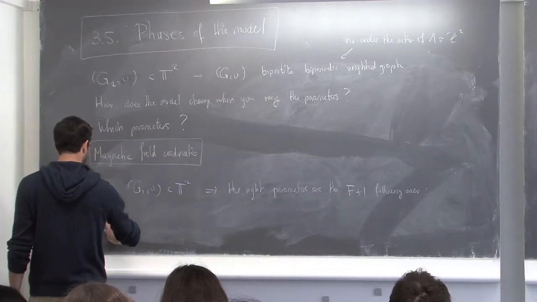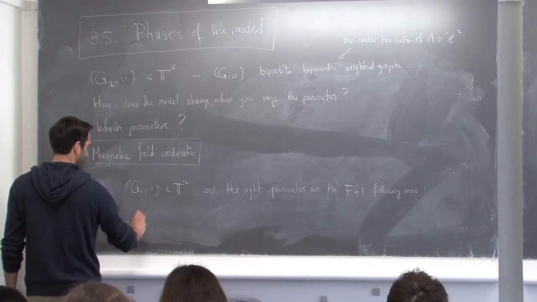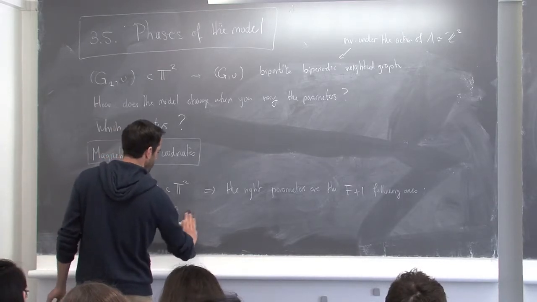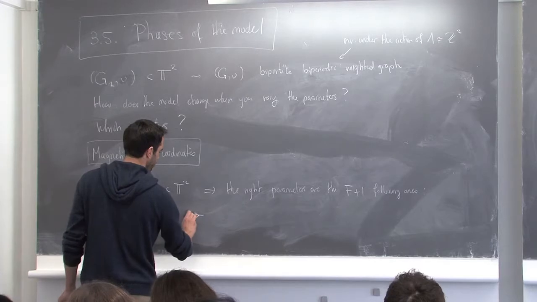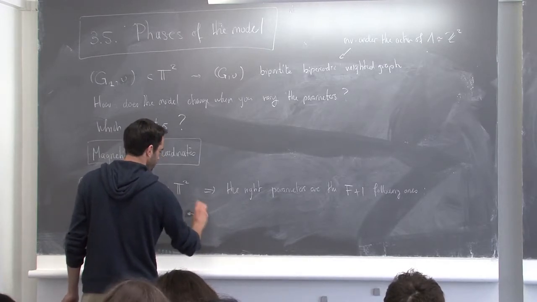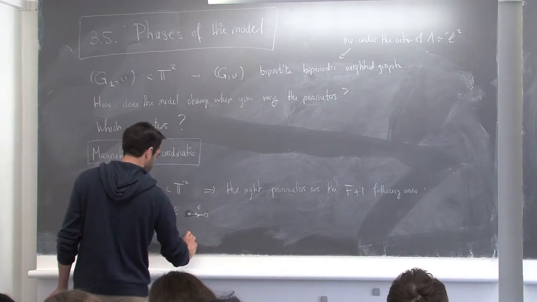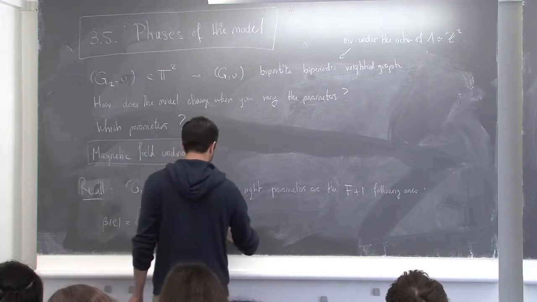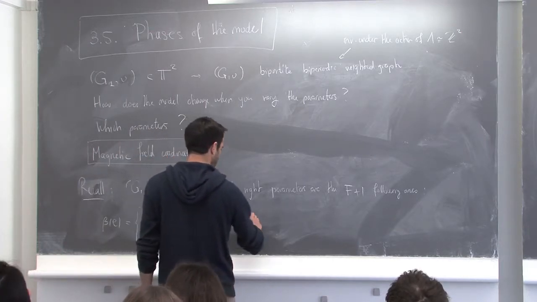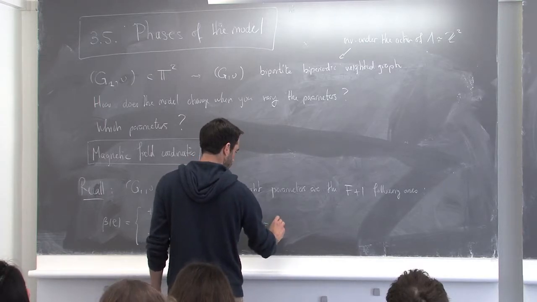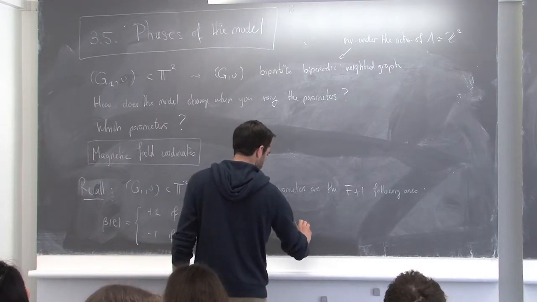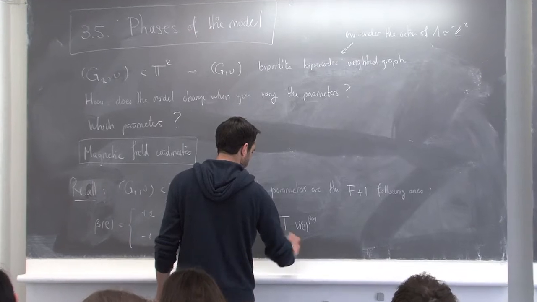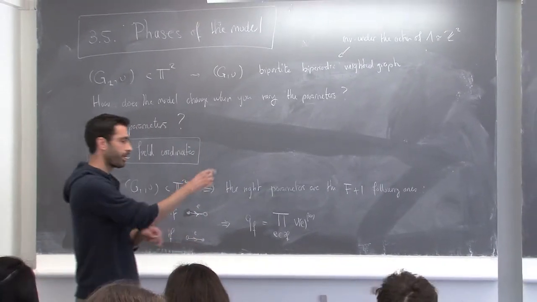So if you set beta E equal to 1 if E is oriented from white to black, and -1 the other way around, then the right parameters to consider are Q_F, which is by definition the product of nu E beta E for E in the boundary of F. Remember, these were these alternating products.